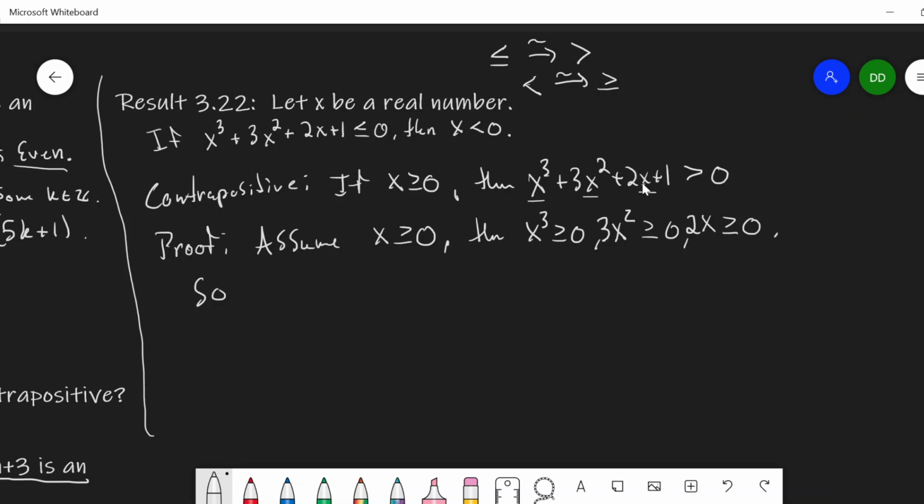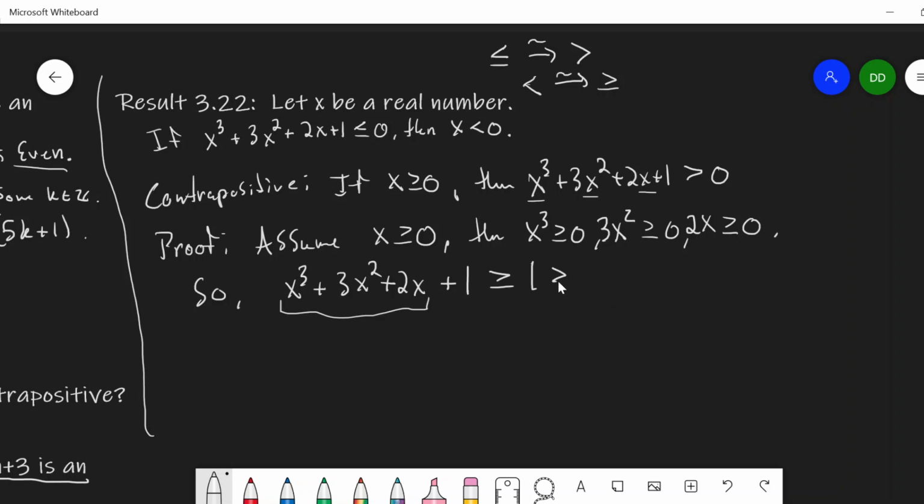So look, each of these terms is greater than or equal to 0, and I'm adding them together. So x cubed plus 3x squared plus 2x is going to be greater than or equal to 0. If I add 1 to this, it'll be strictly greater than 0. How can we say that with inequalities? If this whole bit is greater than or equal to 0, I can say this whole thing is greater than or equal to 1.